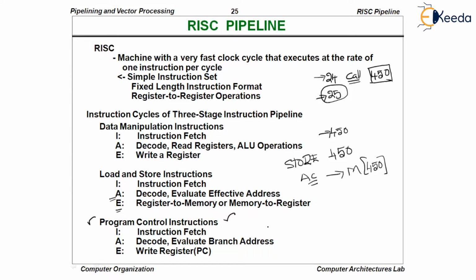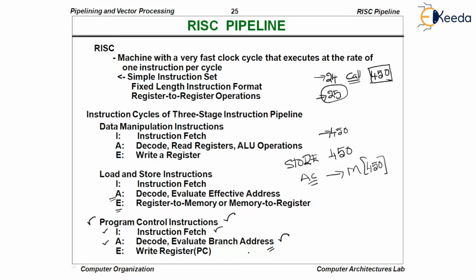So this is a branch instruction. These come under program control instructions. During the program control instruction, control will get altered. In the first stage, of course, the instruction will get fetched. In the second stage, which is called A stage, the decoding will get performed and branch address will be evaluated, which is the address that needs to be taken.